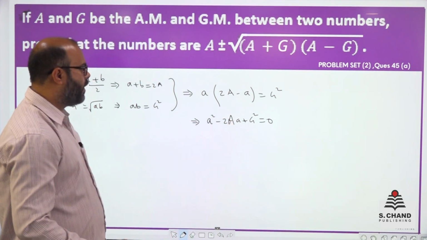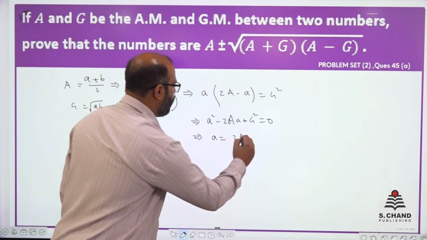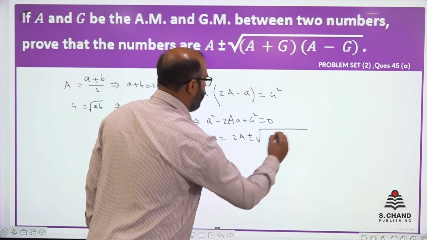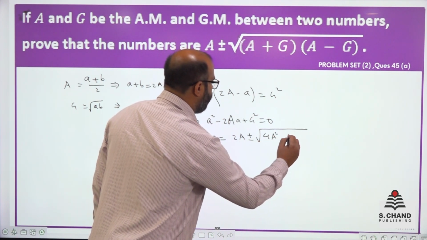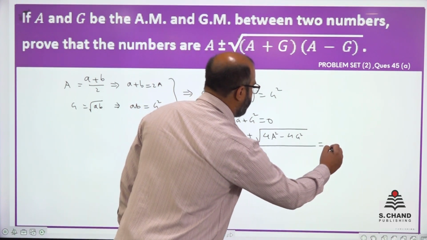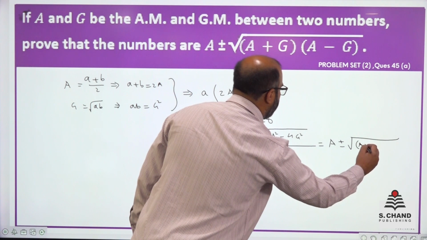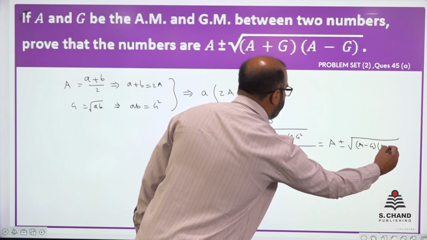So when you want to find a, the formula will become a is equal to minus b plus minus root over b square minus 4ac upon 2a. So this will become, after simplification, A plus minus root over (A minus G) into (A plus G).